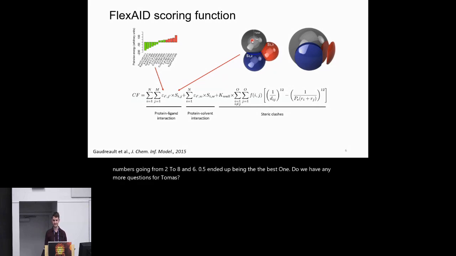I have one. A lot of your analysis has been mostly focused on your ability to identify binders from non-binders. Have you checked your ability to recapitulate the original poses? Have you compared with the relatively new benchmark, like PoseBusters? Just like the tool that was presented earlier, we're presenting this as sort of a first step in the pipeline. Because we want to be so quick, we removed any kind of geometry, so the poses that we predict are not very realistic.